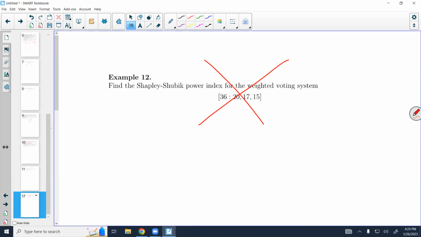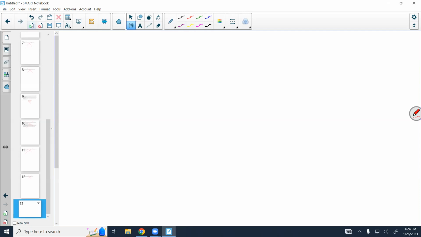Here's what I'm thinking. Tuesday is the 31st, and Thursday is Groundhog Day.